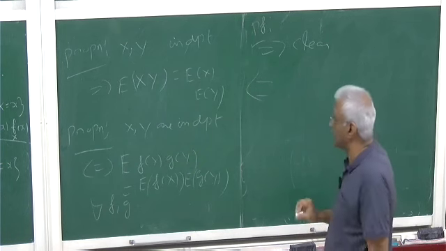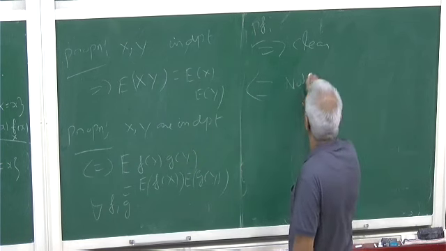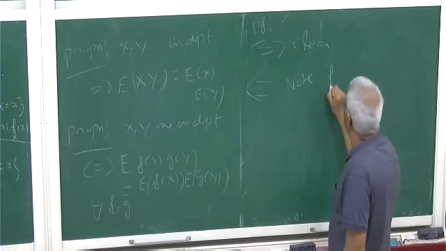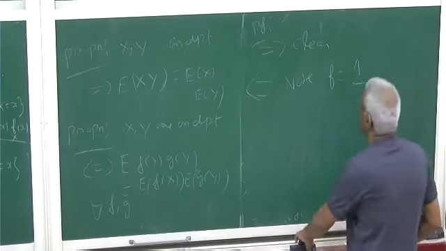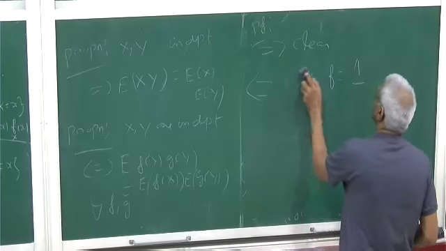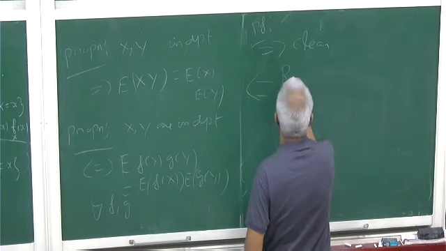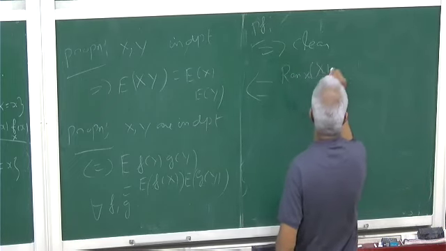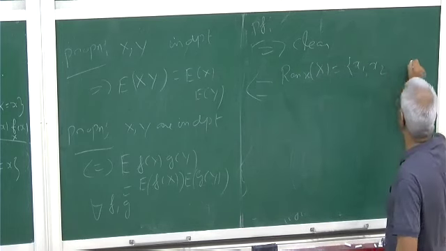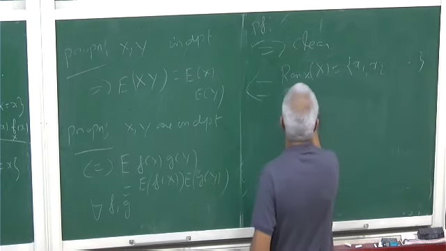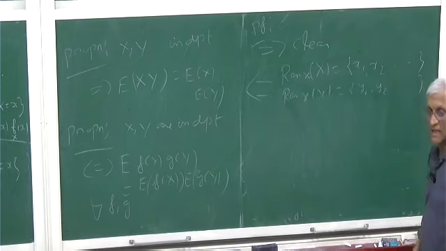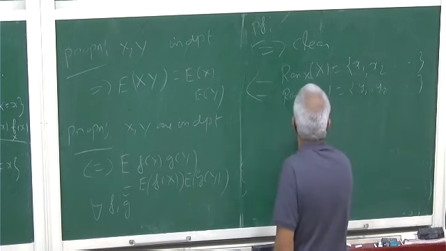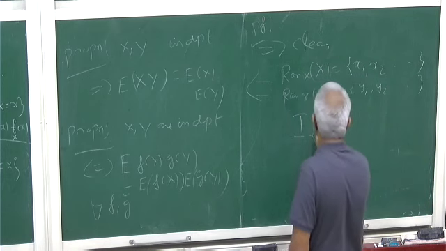To prove it, note that for all functions, take f equal to 1. Let me write. Suppose the range of X equals x1, x2, and so on, and similarly the range of Y equals y1, y2, and so on. Then you take the indicator function of X equal to xi.